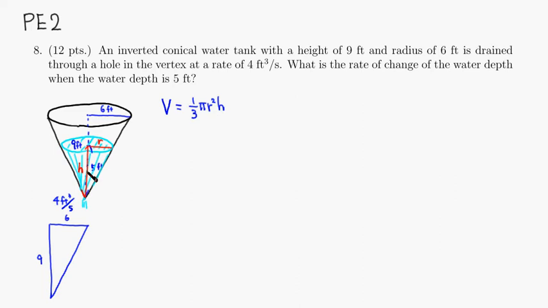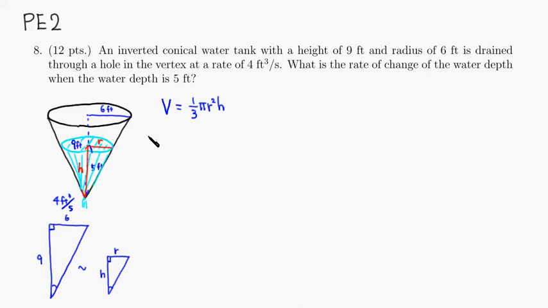And I'm going to use this similar triangle, which is a little smaller, and this is the h right here, and this is r. Since these are similar, because you have the same angle here and the same angle here, and those are right angles, we can express the ratio.